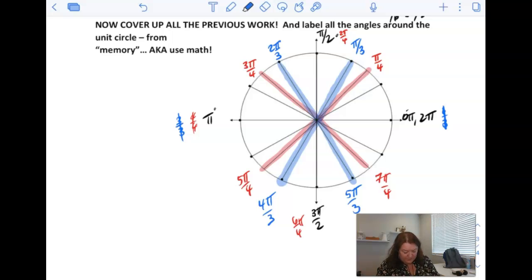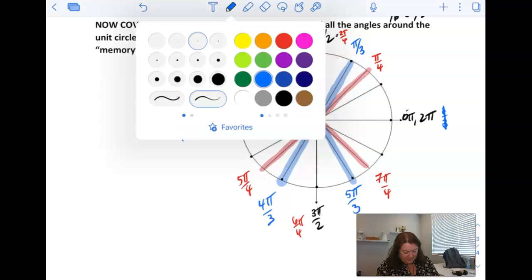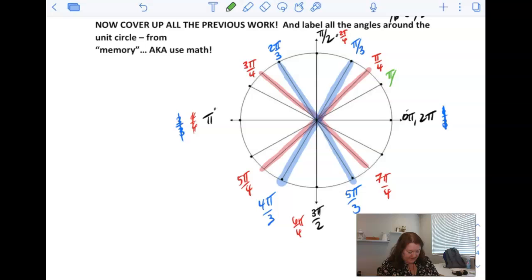All right, and then the last one were with the pi's over 6s, right? And the pi's over 6s would be right here. That's 1/6. This was where the 2/6 was, right? It reduces to 1/3. 3/6 would have been up at the top.